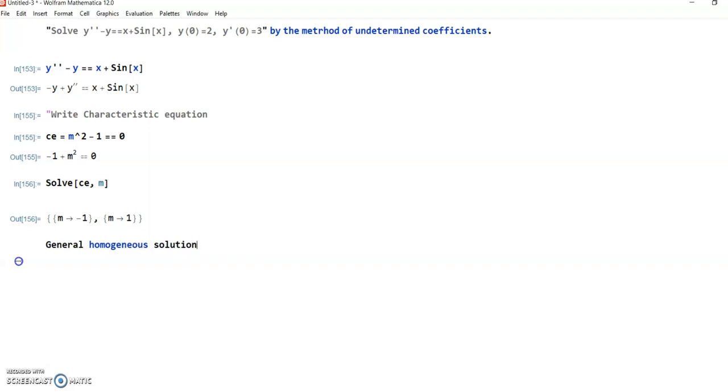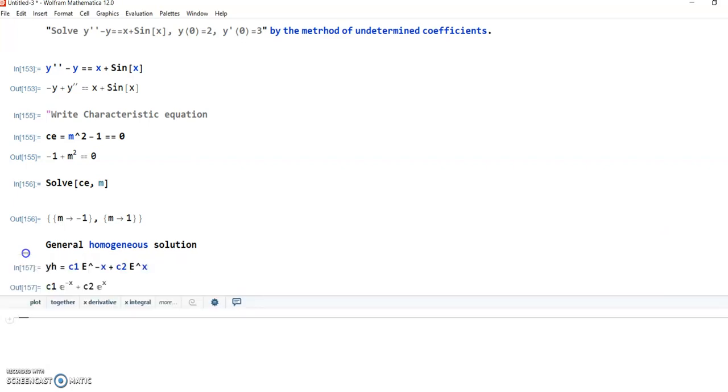So after the solution of this, then we can write the general homogeneous solution. Okay, so what will be that general homogeneous solution? So we can manually write it. We can represent it with YH. Okay, and this will be the general homogeneous solution.